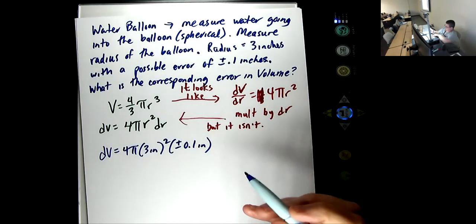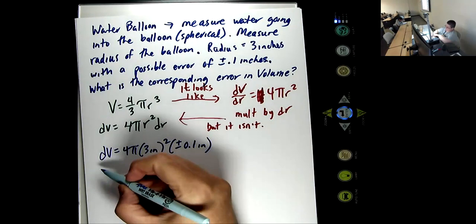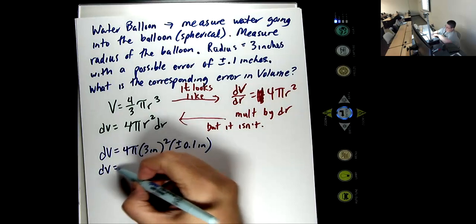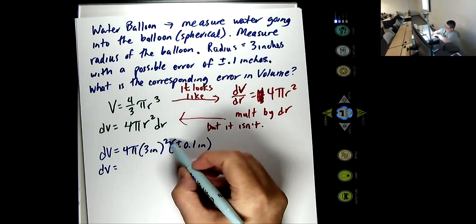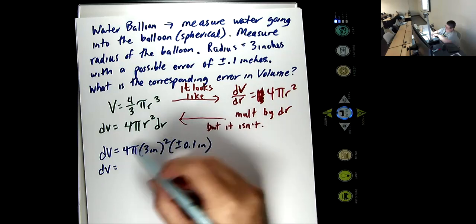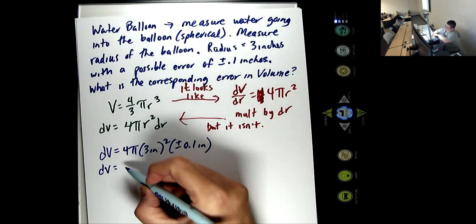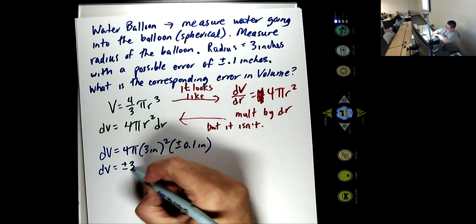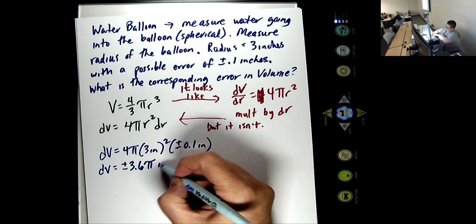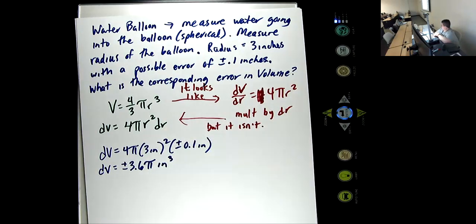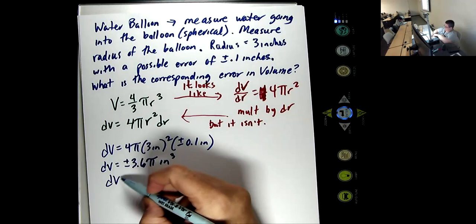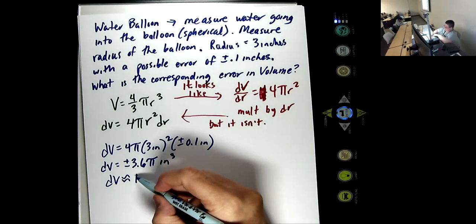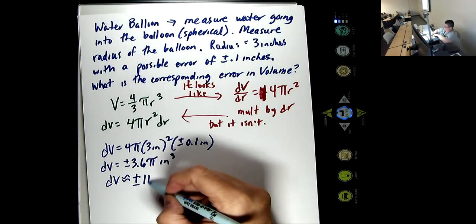So dV is 3 squared is 9, 9 times 4 is 36, times 0.1, plus or minus 3.6 pi inches cubed. Throw that in a calculator, dV is approximately plus or minus 11.3 inches cubed.